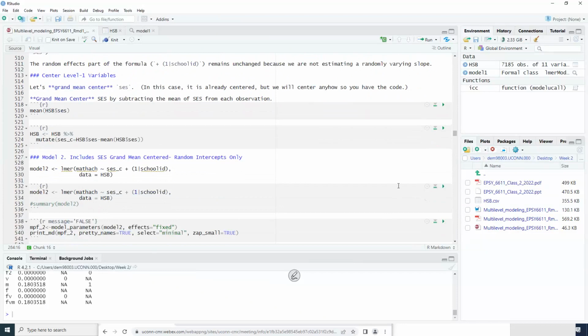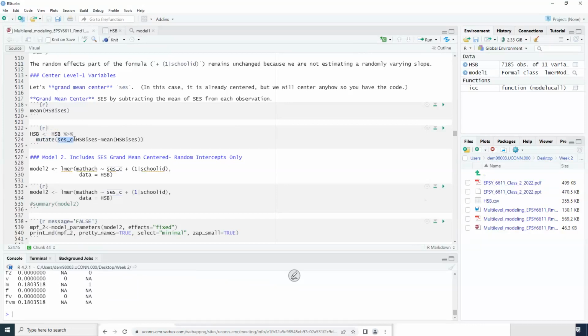Okay, now I want to grand mean center my SES variable. I'm using this mutate function that's from the tidyverse, from the dplyr package. So you're going to need to make sure that you have that library called before you run this. And all I'm saying is, okay, the HSB data file, I'm going to take the old HSB data file, I'm going to mutate, and I'm going to create this new variable.